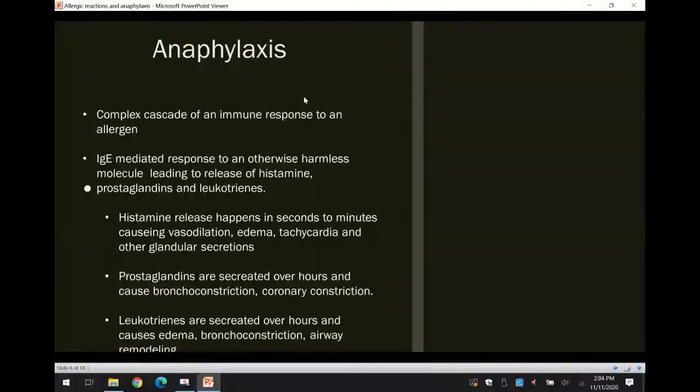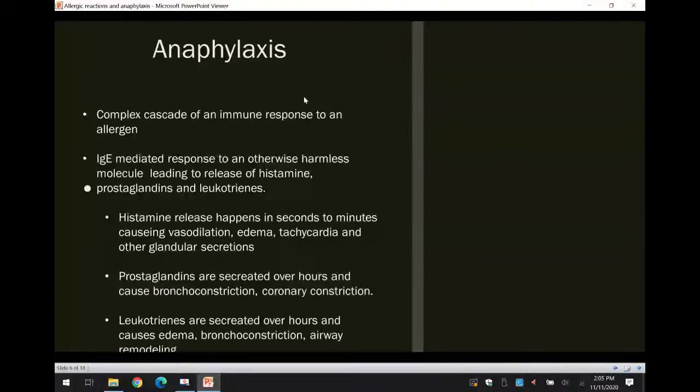That is why with anaphylaxis there is a chance of having a rebound effect even after being given epi, because you're essentially blocking the effect of the histamine initially within those seconds to minutes, but the prostaglandins and leukotrienes don't have any effect, similar to steroids, until hours later. So you can have a rebound effect up to 8 to 11 hours after their initial treatment.